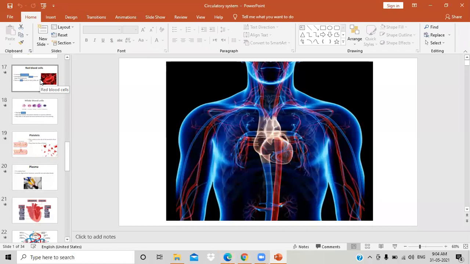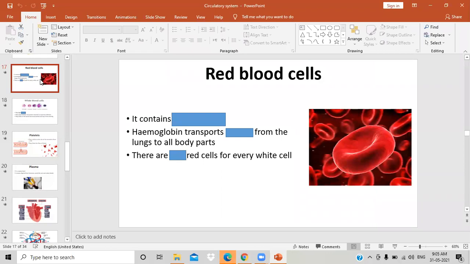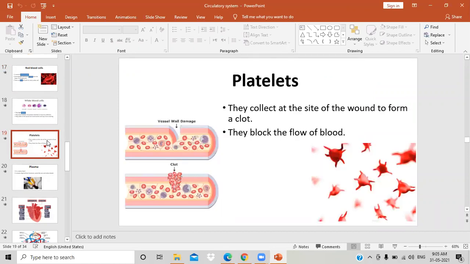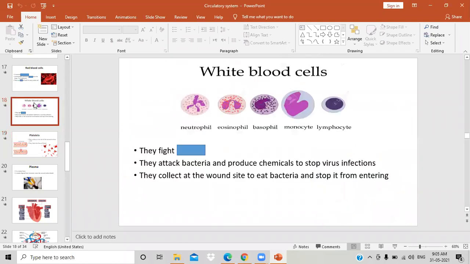We know that we have the red blood cells, which are responsible for moving around the oxygen. We have the platelets, which are responsible for any injury, to stop the bleeding and to protect the injury from any bacteria or any kind of dirt or dust that could get inside it. The white blood cells are responsible for your immune system.